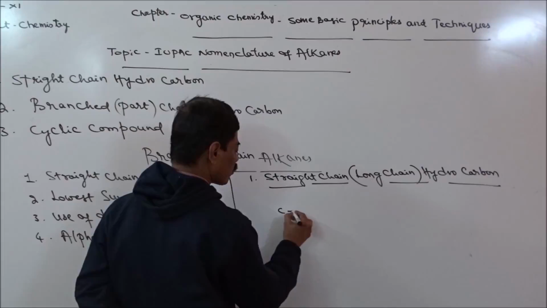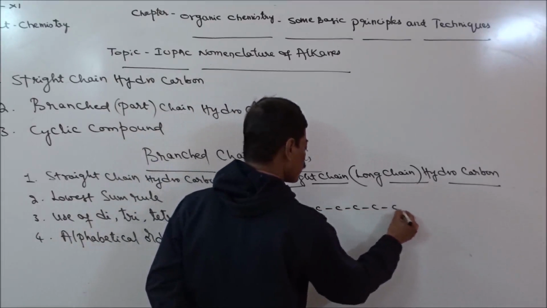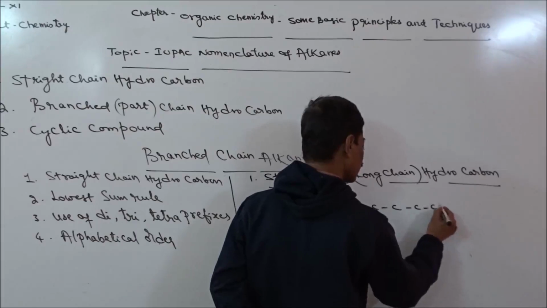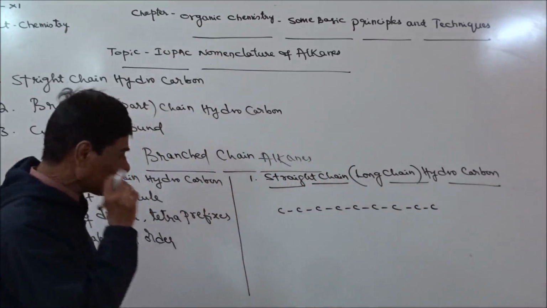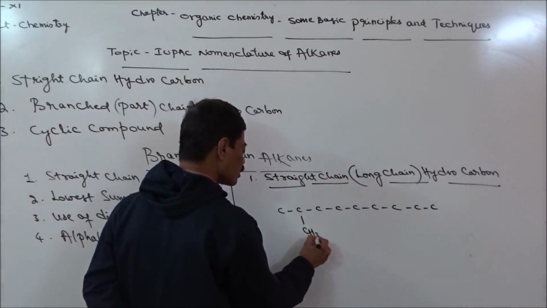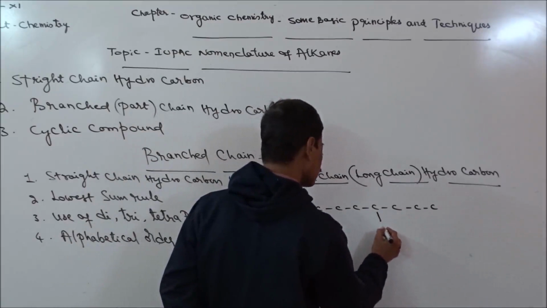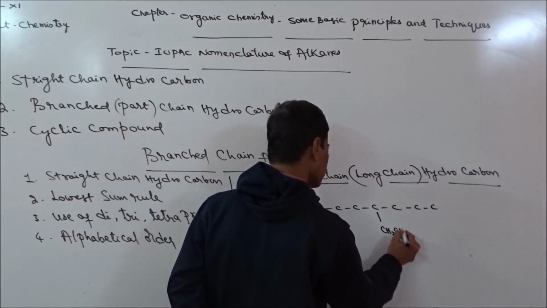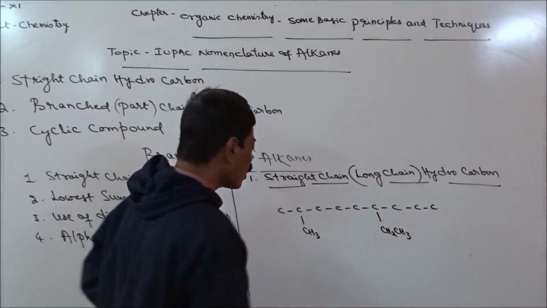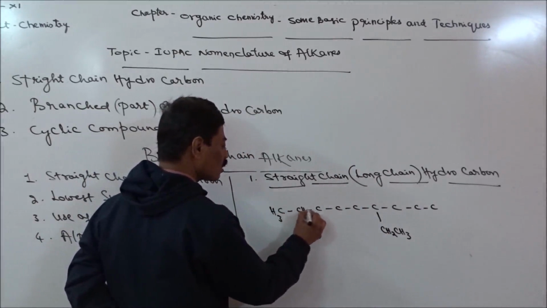Imagine a hydrocarbon of this type, with 3, 4, 7, 8, 9, right? And here we have one substituent CH3 and here we have a substituent CH2CH3. This CH2CH3 can be written as C2H5. Now to satisfy the valency of each carbon atom, we will add hydrogen atoms.